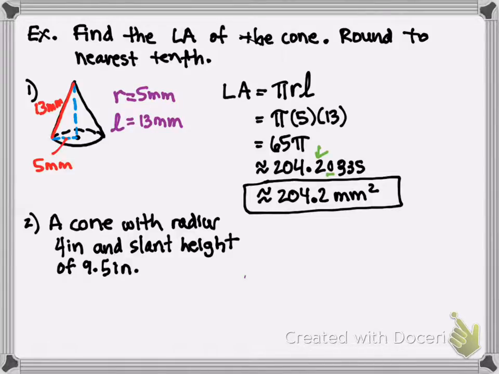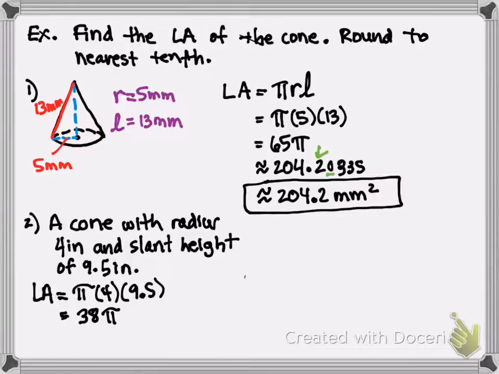So for the lateral area, I multiply pi times the radius, which is 4, times the slant height, which is 9.5, and I get 38 pi. Because 4 times 5 is 20, and then I carry the 2. 4 times 9 is 36, plus 2 is 38.